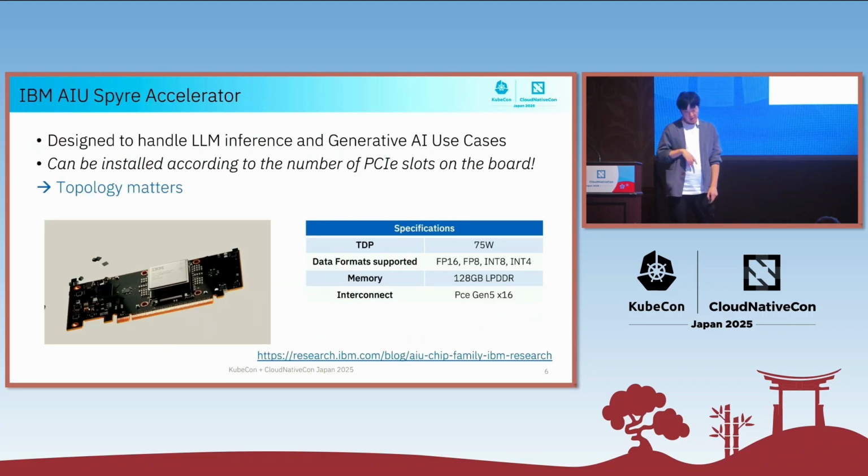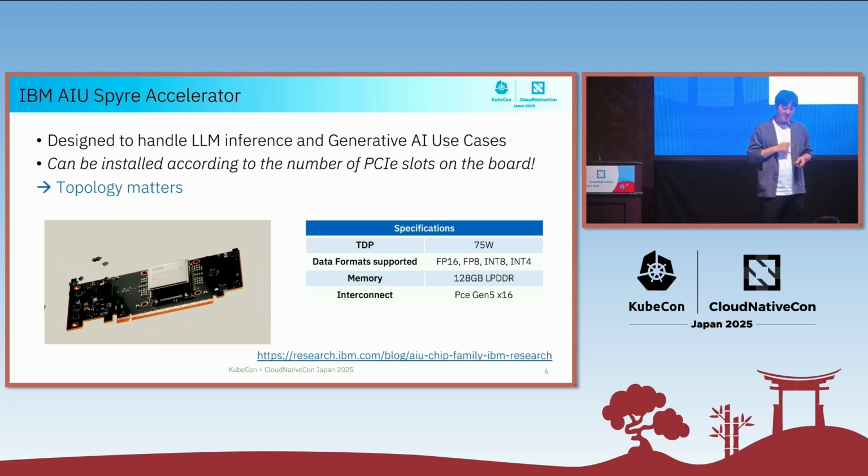This is the IBM Spyre AI accelerator. We recently announced this new AI accelerator capability. The PCI card is designed to handle AI inference and generative AI as efficiently as possible. The Spyre card itself is 75 watts and can be installed in a PCI Express slot.